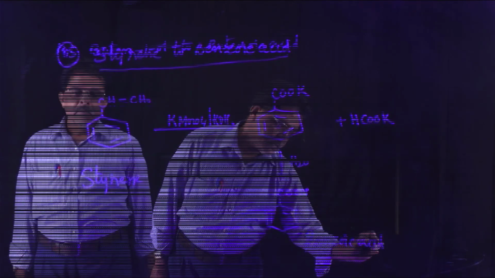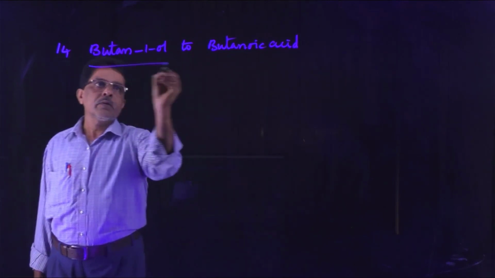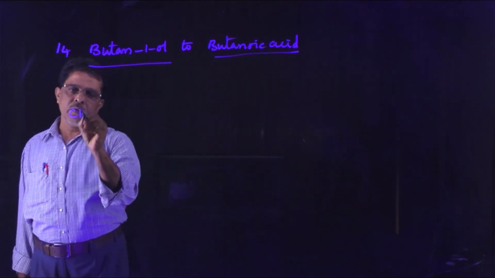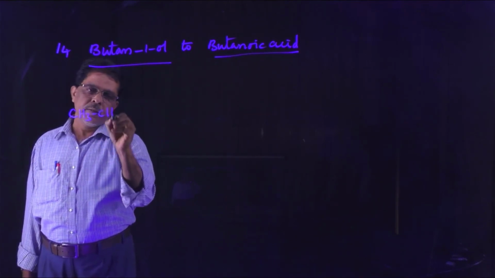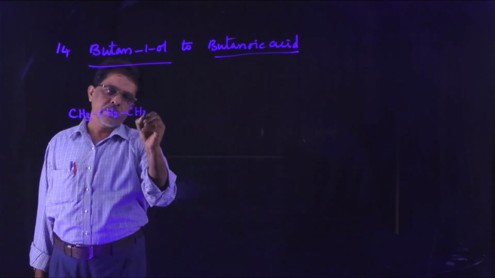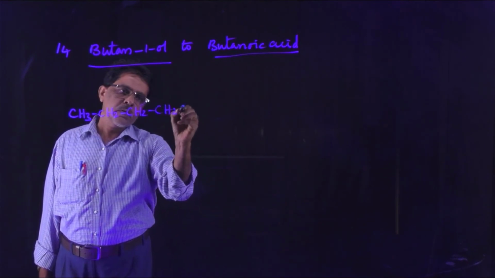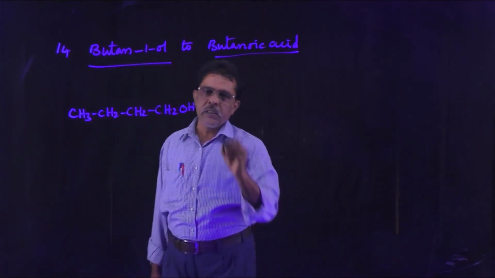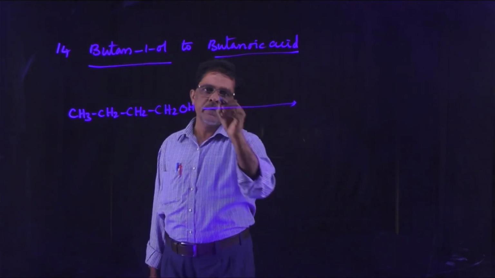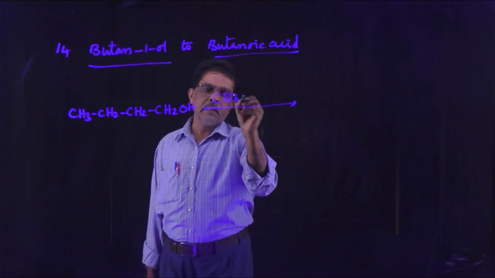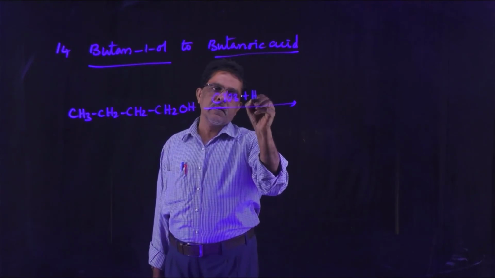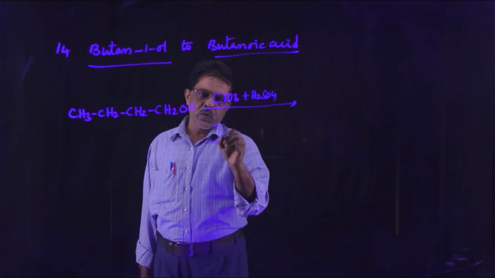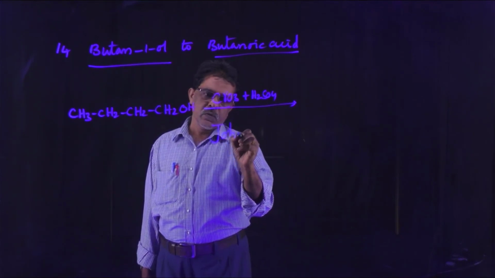Right, understand? Next conversion, 1-butanol to butanoic acid. Butanol formula you know very well, CH3, CH2, CH2, CH2, OH. Right, understand? This butanol is subjected to CrO3 plus sulfuric acid. This is the Jones reagent.